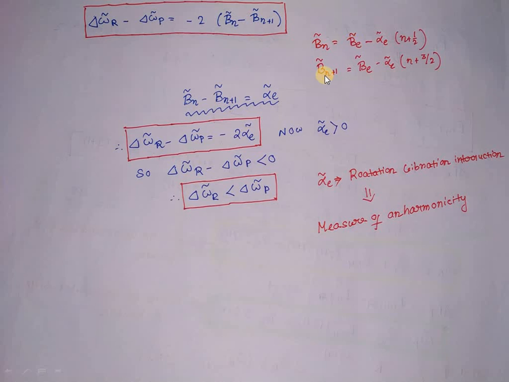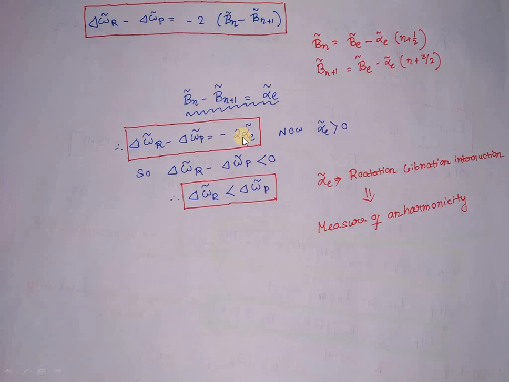Similarly, we can calculate B bar n plus 1, equal to B bar E minus alpha E bar into n plus half plus 1, that is n plus 3 by 2. If we subtract these two values, B bar n minus B bar n plus 1, we obtain alpha E bar. So the difference in gap between the R branch and P branch is equal to minus 2 alpha E bar.